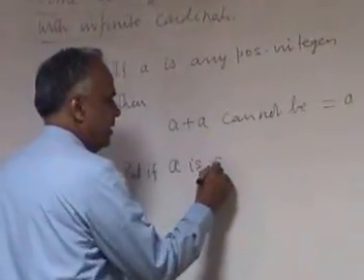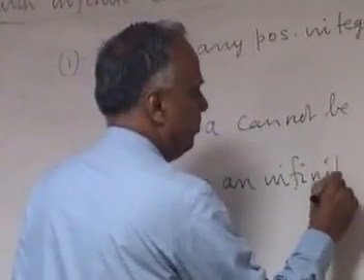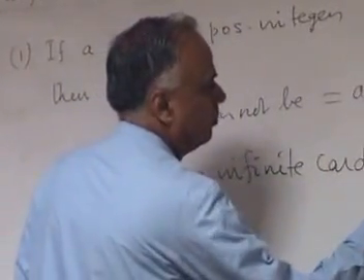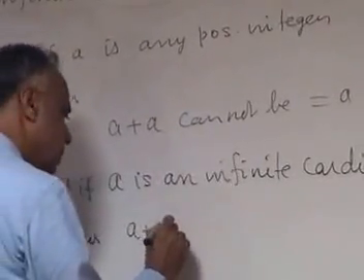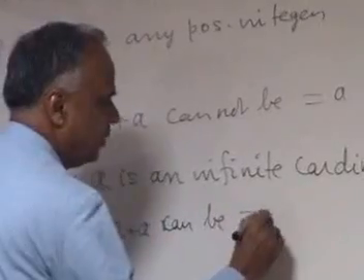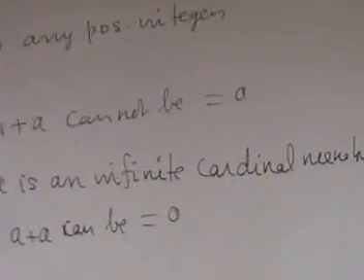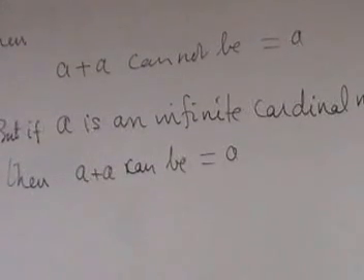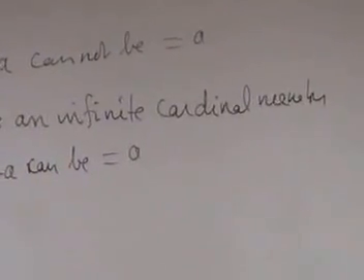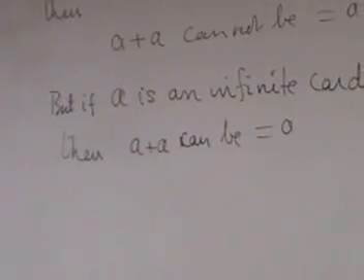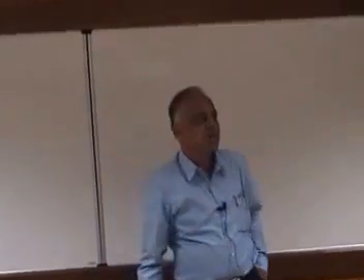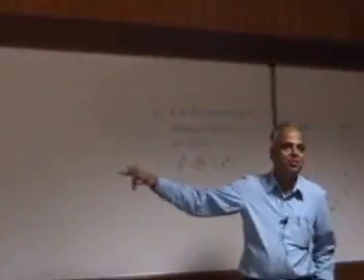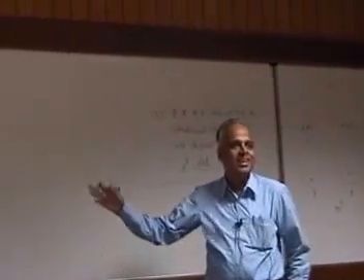If A is an infinite cardinal, then A plus A can be equal to A. Later we say it is equal to A; right now we will say can be equal to A. We drill into our children that 4 plus 4, if he writes it as 4, we mark it wrong. If a child in 8th or 9th standard writes A plus A equal to A, we say this fellow has gone mad.